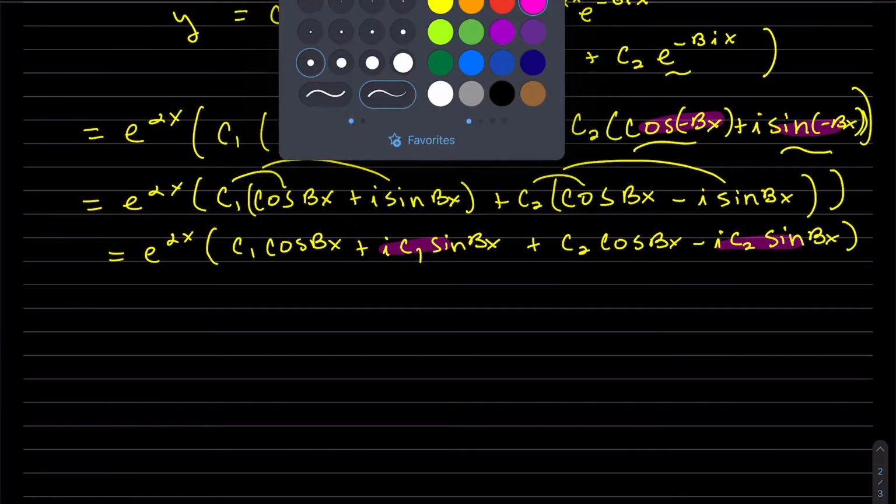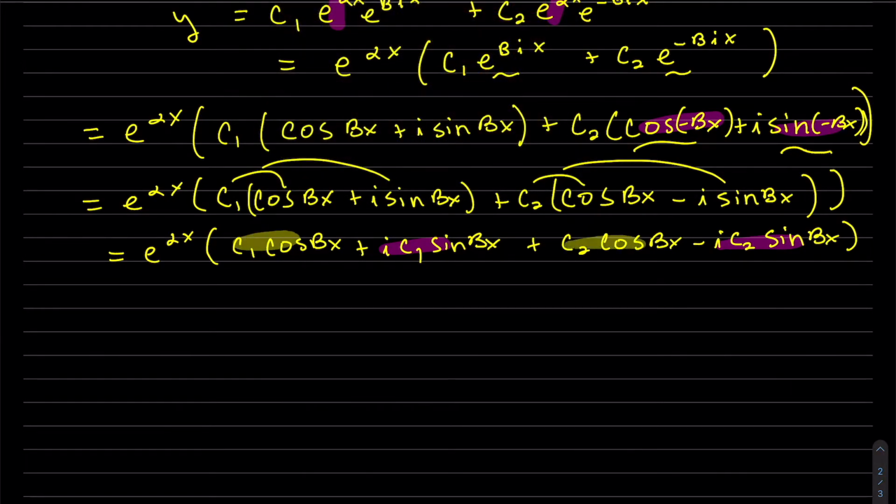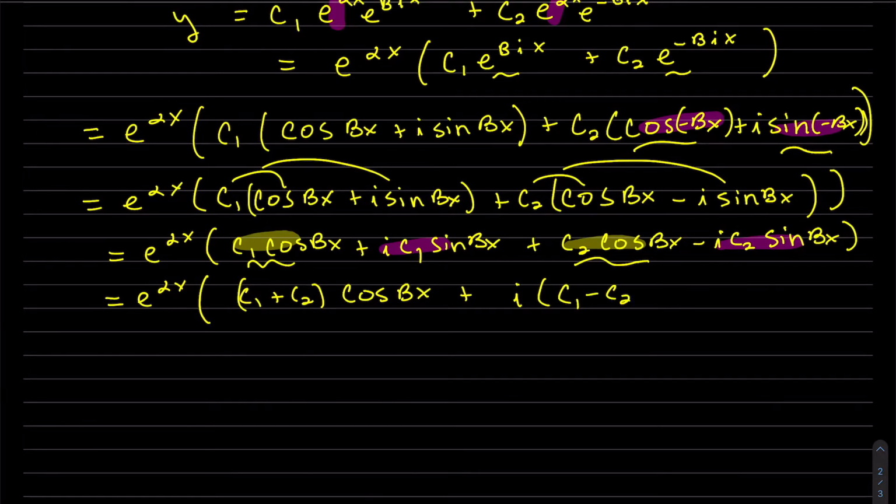We'll combine the real parts first. So we're adding this plus this. Clearly they're both cosine of beta x, so it's c1 plus c2 of cosine beta x. Plus those both have the i in it. I'll factor it out. c1 minus c2 sine of beta x.